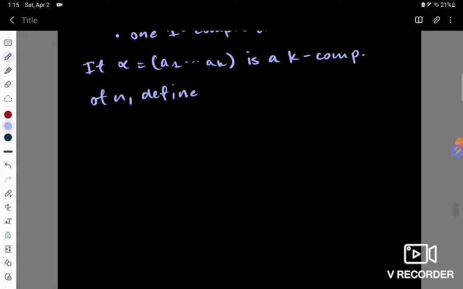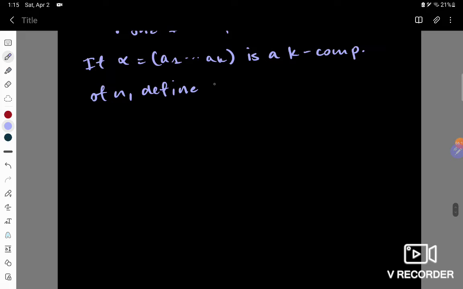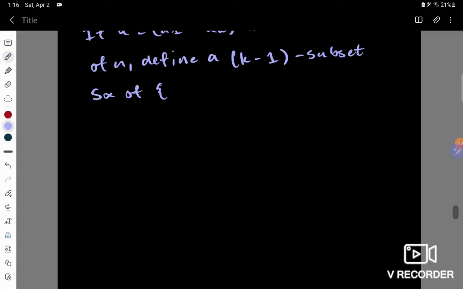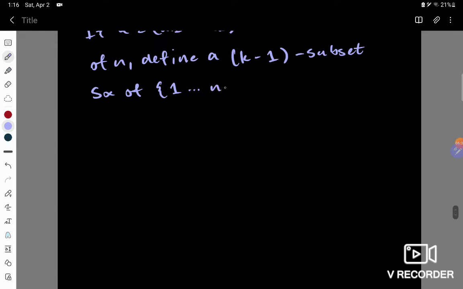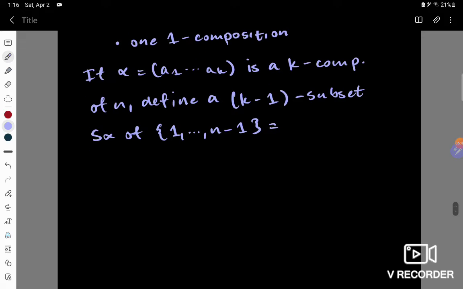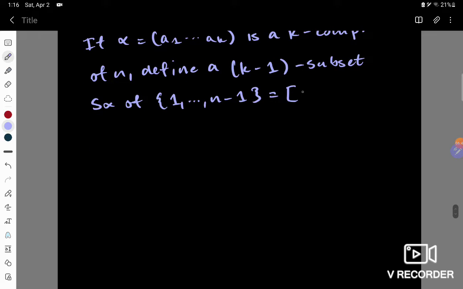Define a k minus 1 subset as follows: S alpha of 1 through n minus 1. And this is actually a good time to introduce a bit of notation. We denote the set of natural numbers up till, in this case, n minus 1, by writing bracket n minus 1, a nice shorthand.